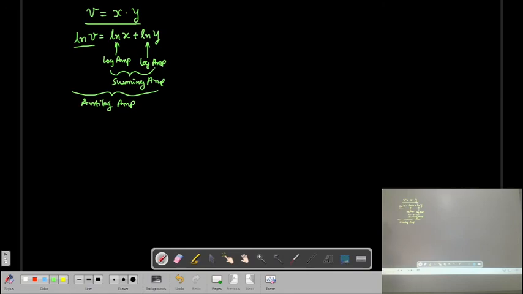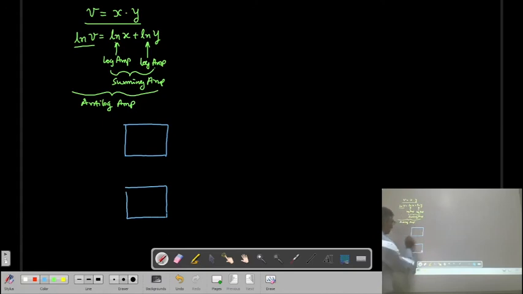See the diagram. Here I apply the input voltage x, and here I apply the input voltage y. Then this is a log amplifier which will generate ln x.